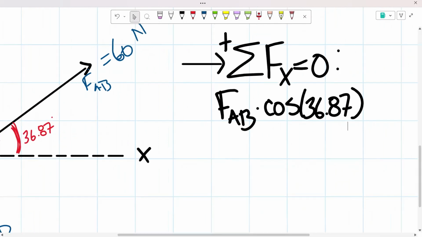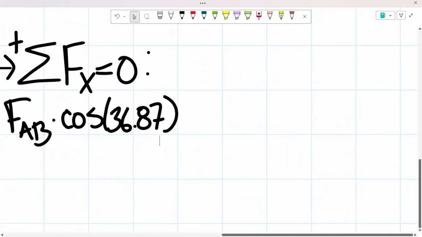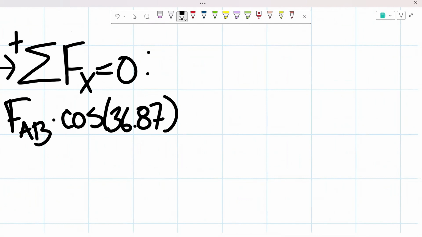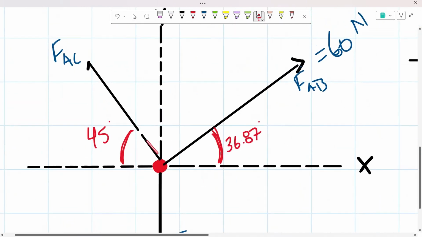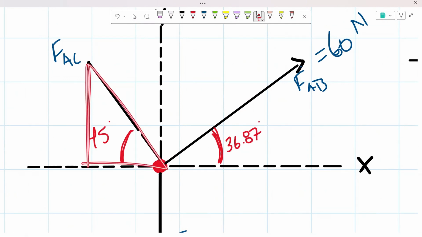So now that we were able to find the first one, now we're going to do the same thing for the force of AC. And we know that that force is going towards the left, which is why that's going to be negative. As you can see, this is going slanted to the left, so that's why it's going to be negative. And now, once again, looking at this like a triangle, we are trying to find this side of the triangle, since this is the x or horizontal side of the triangle.